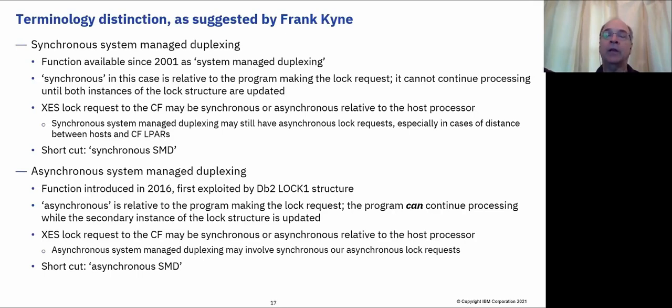That is, the IRLM can continue processing, can hand the response back to the application before we're absolutely sure that the secondary copy of the lock structure has been updated. And again, the requests in support of asynchronous system-managed duplexing could be synchronous requests to the coupling facility or asynchronous requests to the coupling facility. So I'm going to call this shorthand asynchronous SMD.